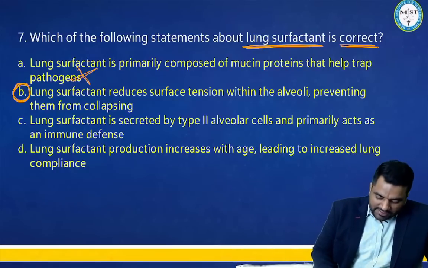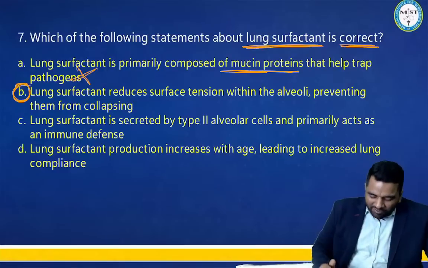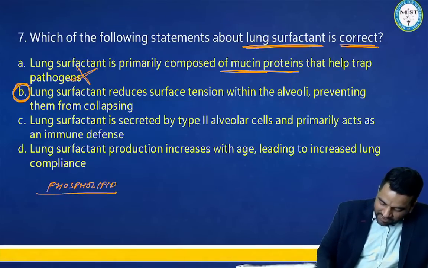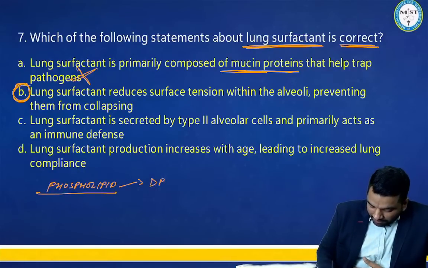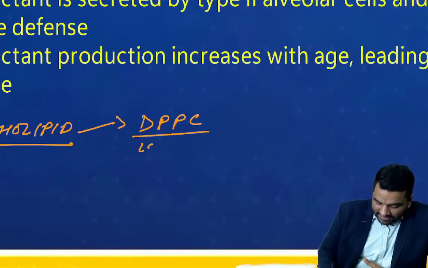Why? Because this is not made up of mucin proteins. Surfactant is mainly made up of lipids. And which lipids? That is the phospholipids. And which phospholipid? That is DPPC, also known as lecithin.